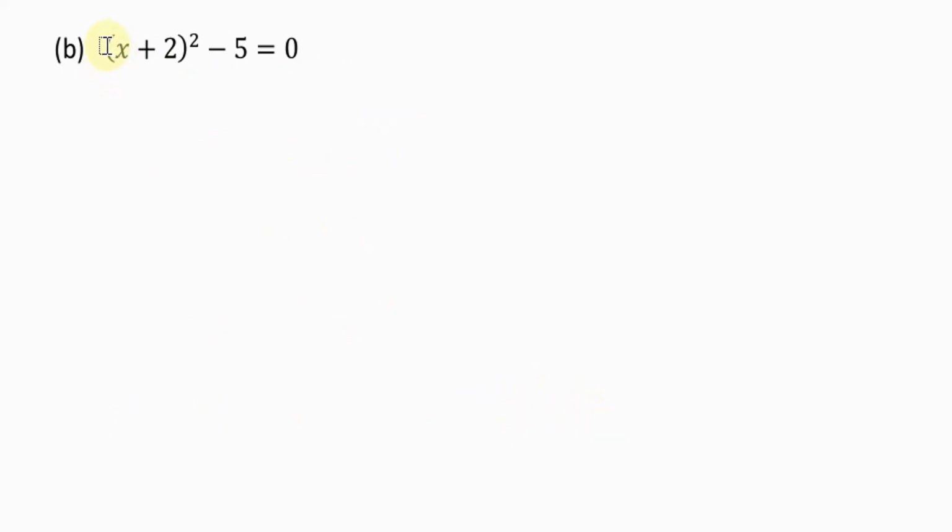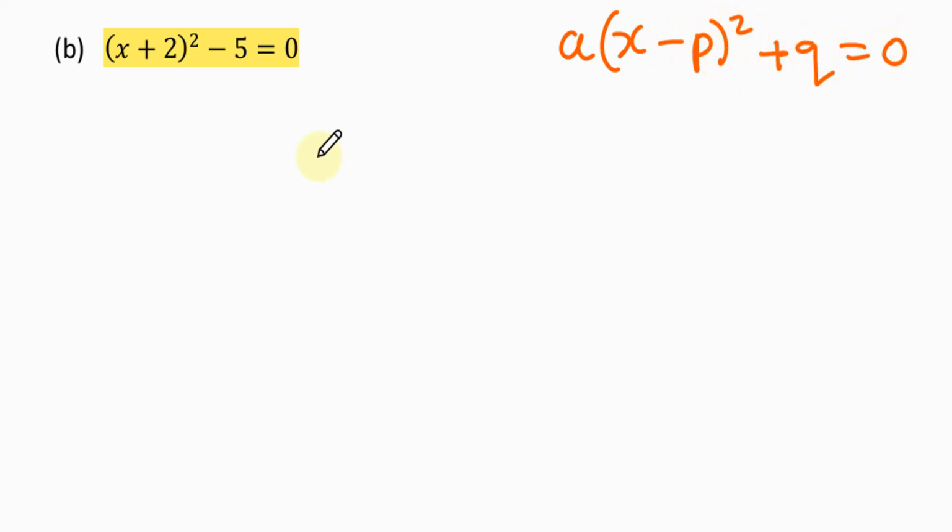Then in question 2b, we have to solve this equation. Once again, this equation is in completed square form. So it's in the form a into x minus p all squared plus q equals 0.